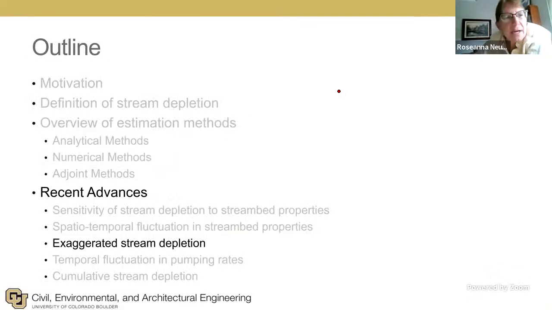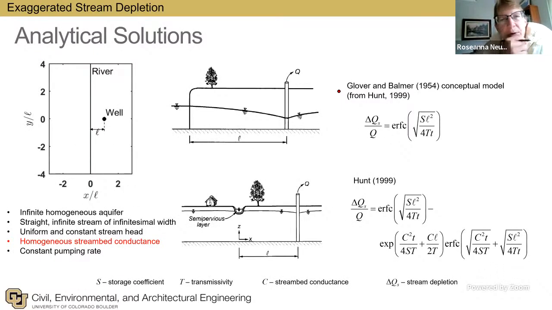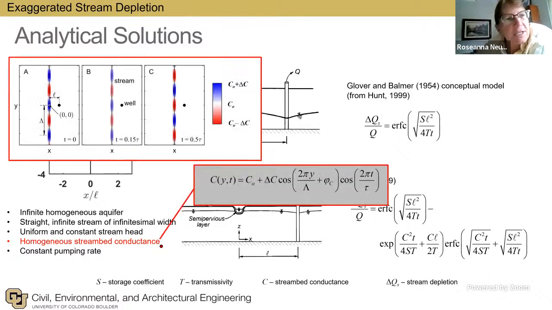Another thing we looked at is what I call exaggerated stream depletion, and I'll show that on the next slide. So we came up with an analytical solution that relaxed this assumption of homogeneous stream bed conductance. What we did was look at still a straight river like we have in this conceptual model, but we've allowed the hydraulic conductivity along the river to vary in space and time.